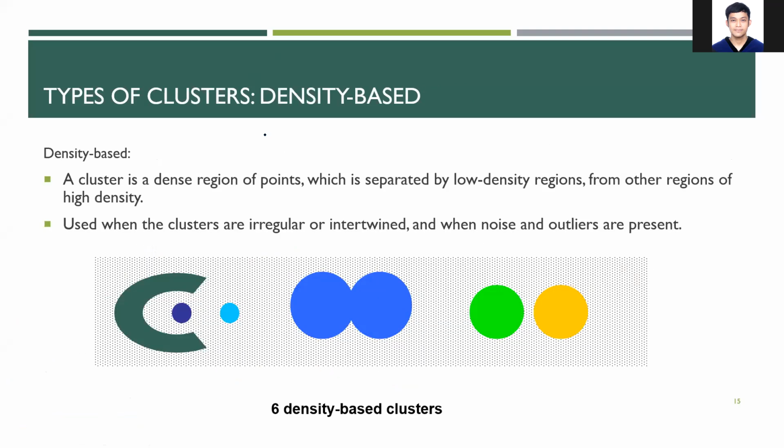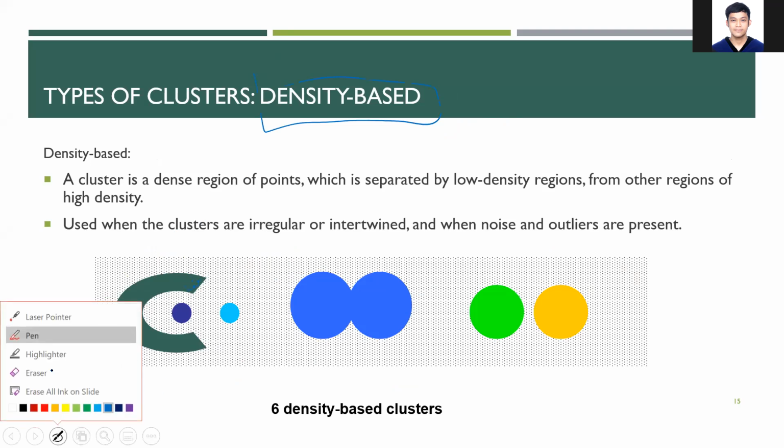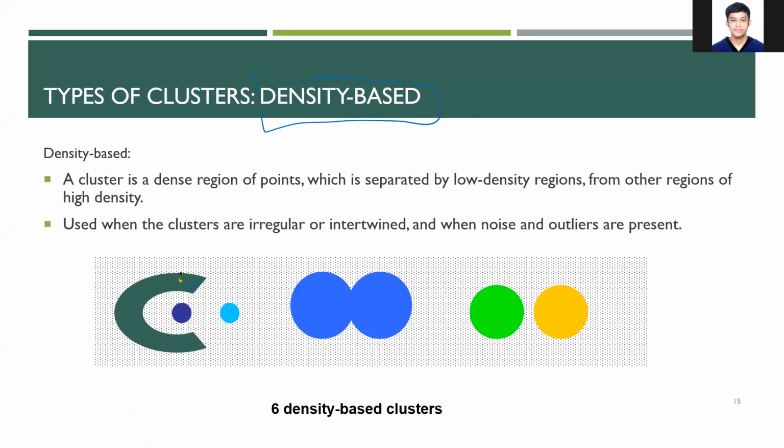And we also have density based. So instead of only distance, we also consider the density. Let's say, for example, this cluster, the density is very high. It's very dense. The data here is so dense.